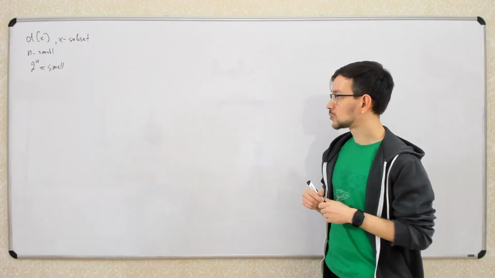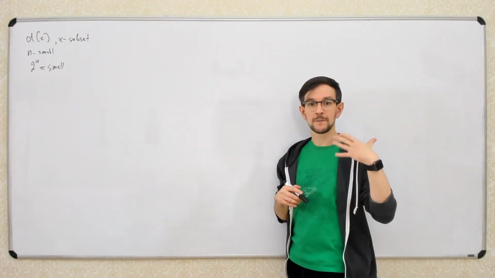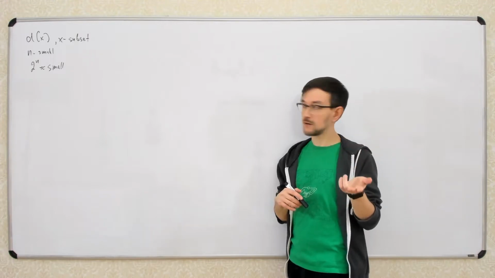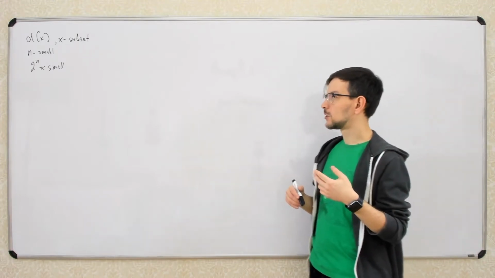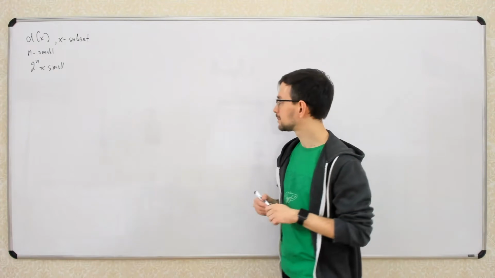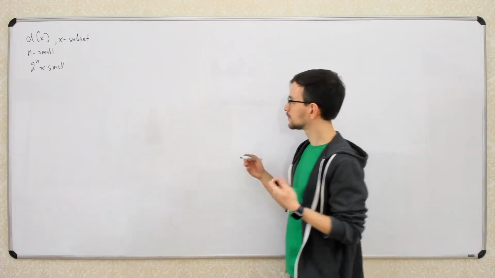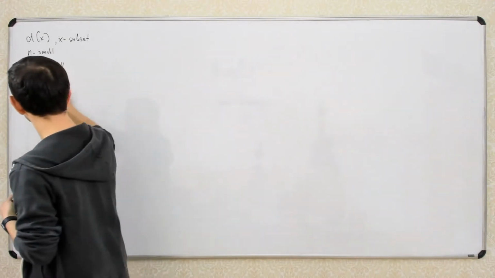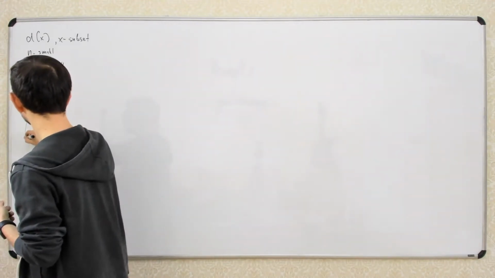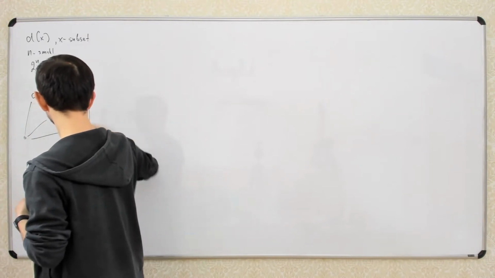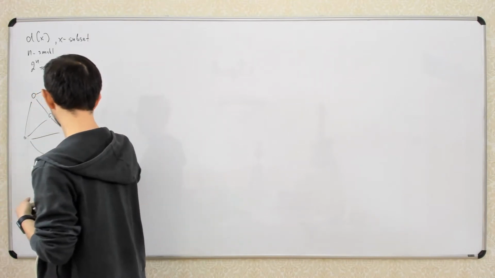One of the most classical problems is to find the Hamiltonian cycle of minimal weight. It's known as the traveling salesman problem. What is the problem? You have some graph, let's say like this.